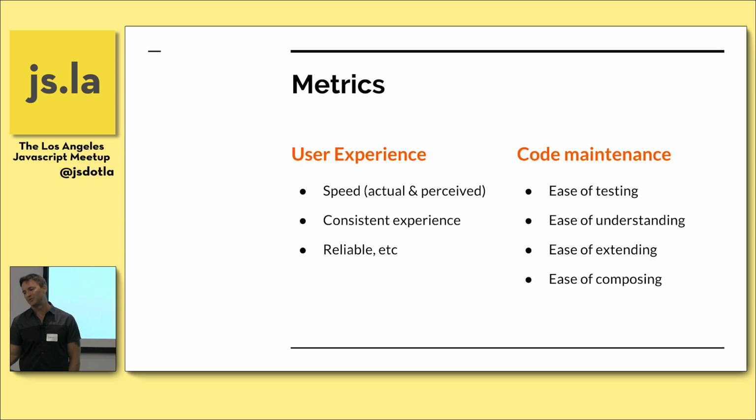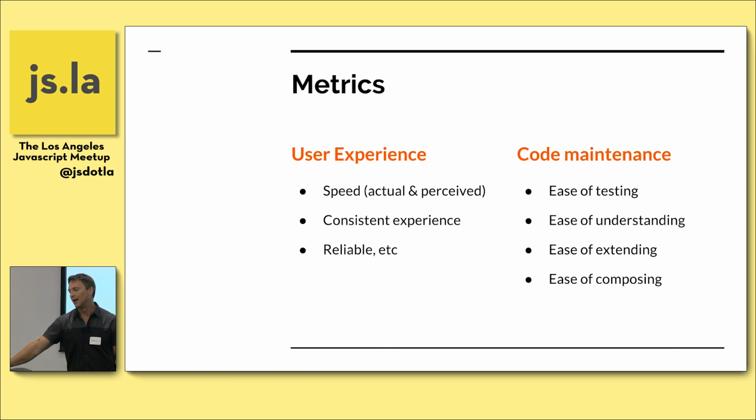Obviously there are user-side metrics: how fast is the thing, what's the perception of how fast it is, are we offering a consistent experience so that buttons always look the same and menus always behave the same, so that when people are in our app they know they're in our app and aren't confused by different experiences from page to page or app to app. Is it reliable, and so on, all the things you're used to talking about on the user side.